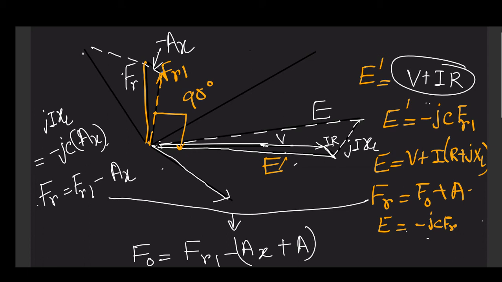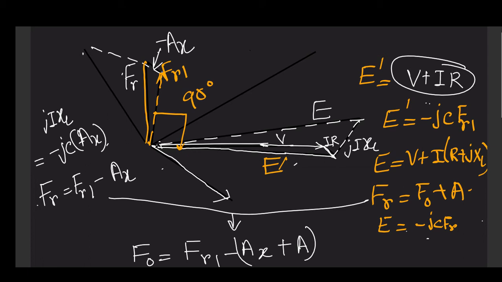Now, how to figure out the regulation? If we can make a short circuit condition, as R is very small, one thing you can do is directly deal with E dash.